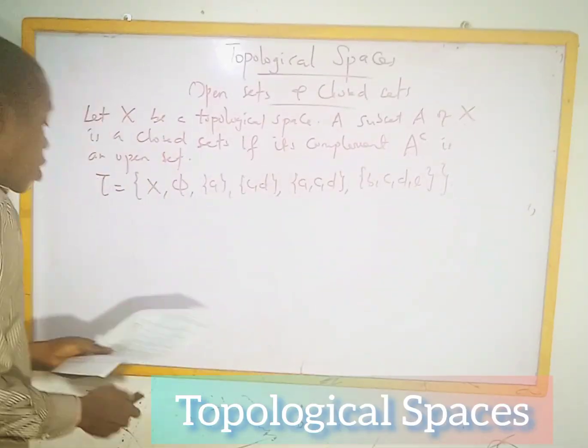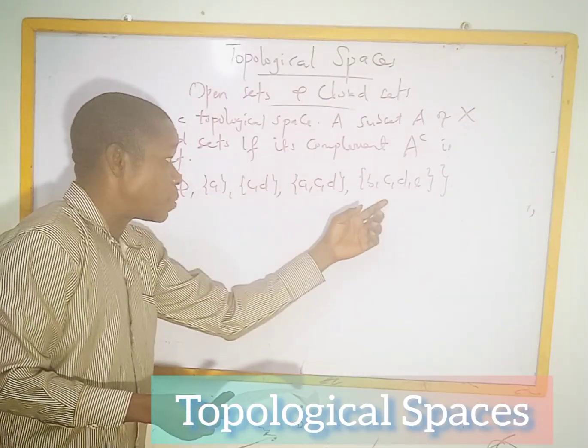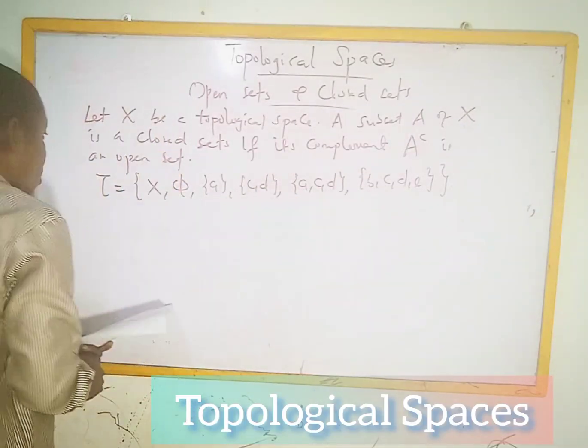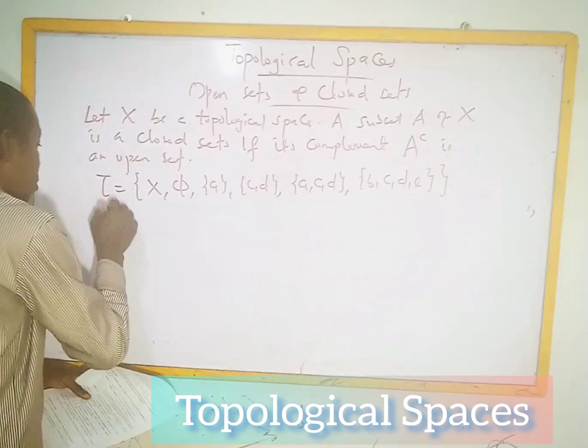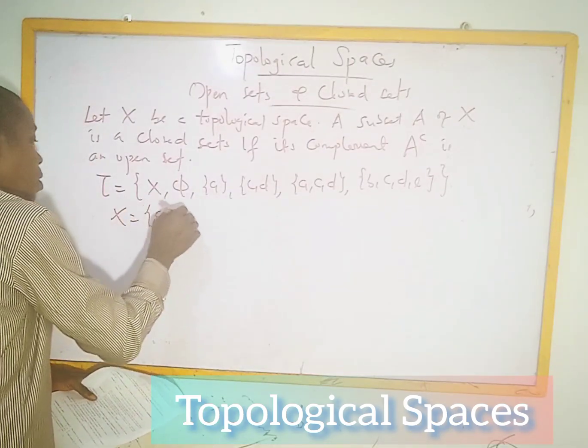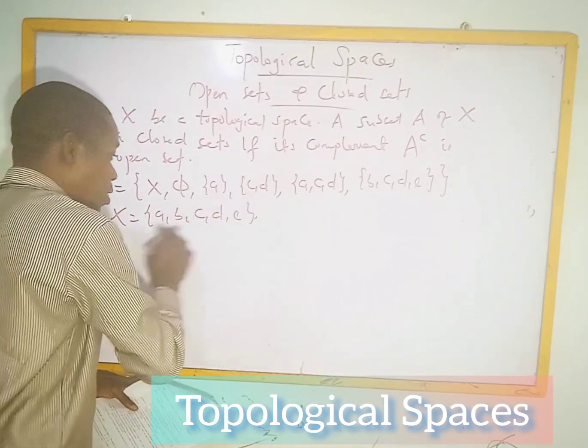This is a topology for X, where X is given as A, B, C, D, E.